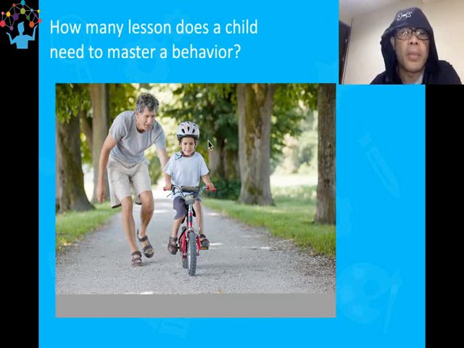Or in terms of learning how to ride a bike, how many lessons does a child need to master the behavior, to fully learn the cycling?